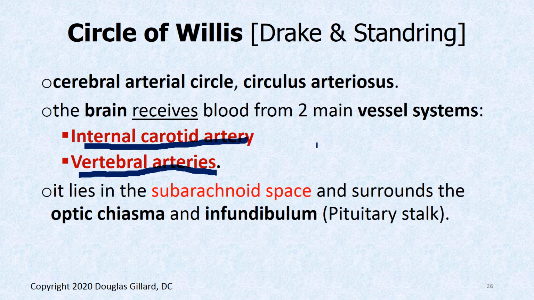The number one place for a stroke to occur, secondary to an aneurysm that ruptures, and the number one spot for an aneurysm to occur in your noodle, is the Circle of Willis. And so if you get a bleed from one of those vessels popping, you get a subarachnoid hemorrhage, which causes a reflex spasm of muscles anywhere the blood touches.